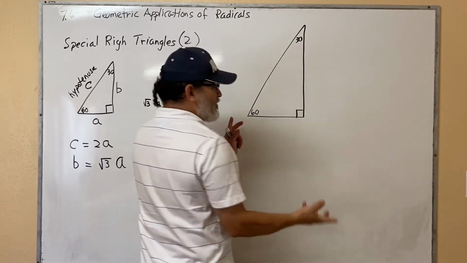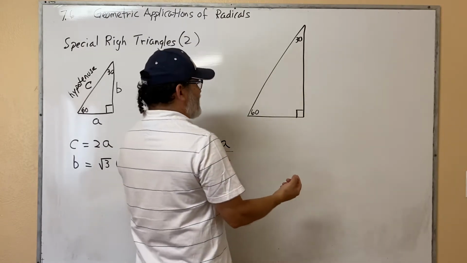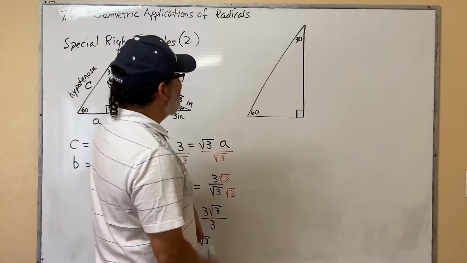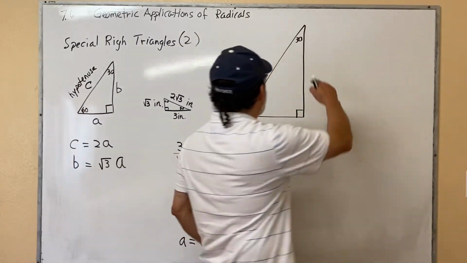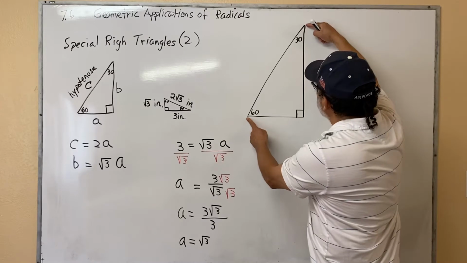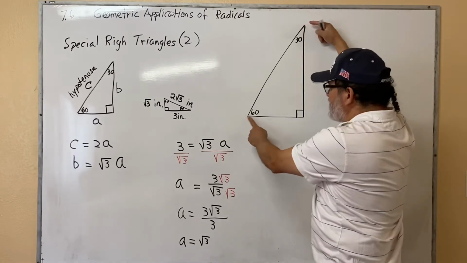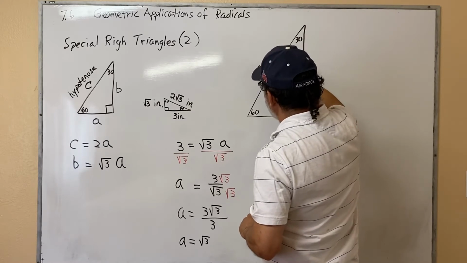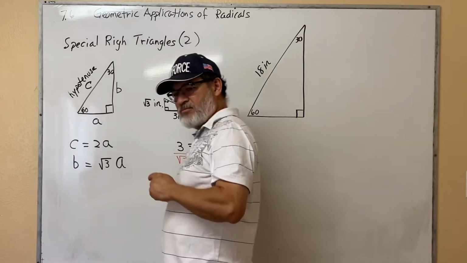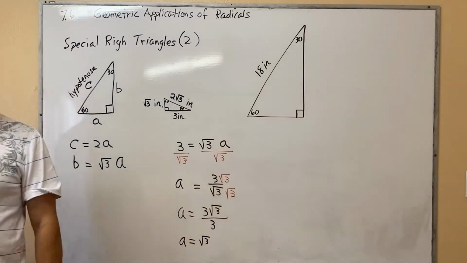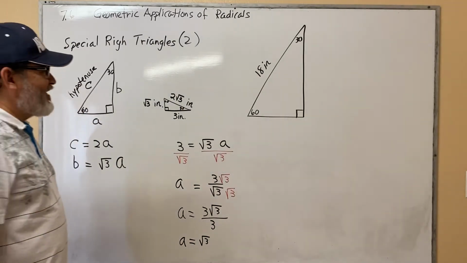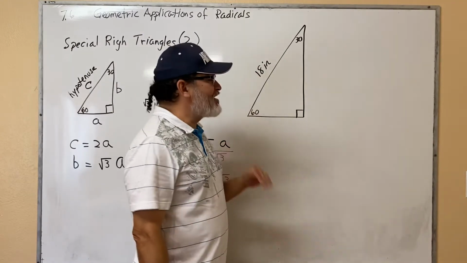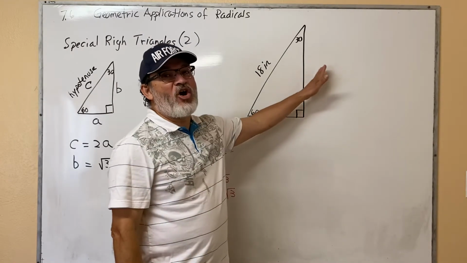I gotta give you something. Let me give you the hypotenuse. How long do you think the hypotenuse is? I don't know. 18 inches? Sure. Let's make this 18 inches. So my question is, if the hypotenuse is 18 inches, what is the short leg and the long leg?